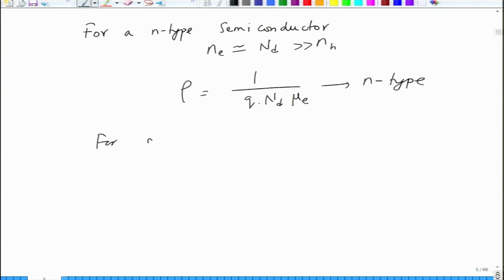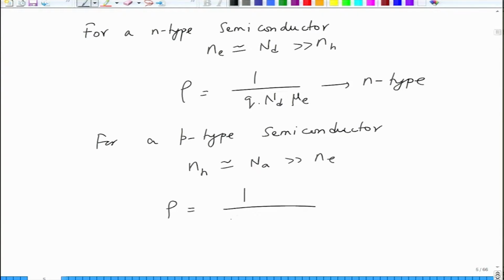Similarly, for a p type semiconductor, since NH is equal to Na, which is a lot greater than Ne, you can define rho as 1 over Q Na into mu H. This is for a p type semiconductor.